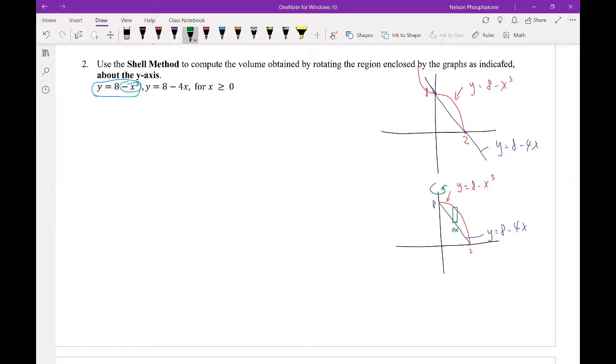Now we are going to set it up. We would like to integrate between 0 and 2. Then it will be 2 pi, and again, what is the radius? And what is the height? dx.